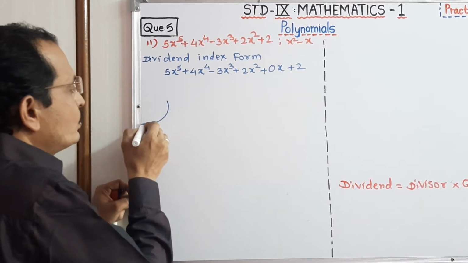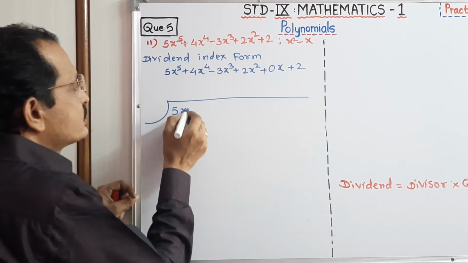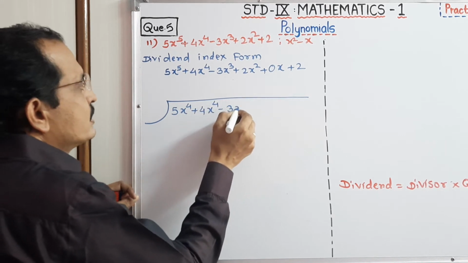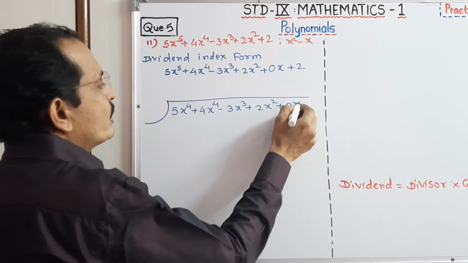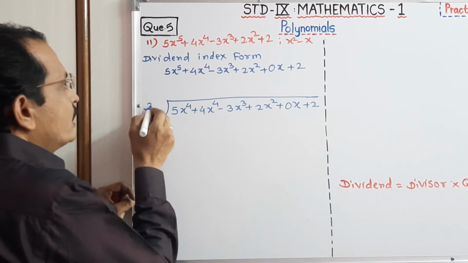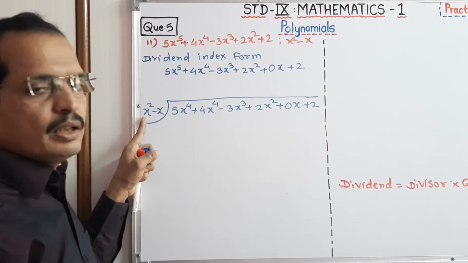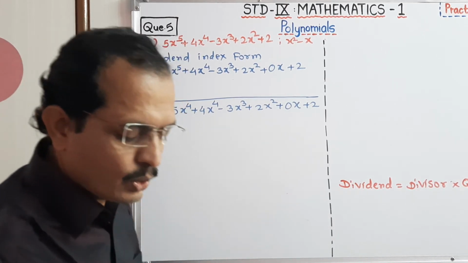Now we have to do the division. Here it is 5x raised to 5 plus 4x raised to 4 minus 3x cube plus 2x square plus 0x plus 2. Now see here, x square minus x is our divisor and this is the dividend. Now what to do?